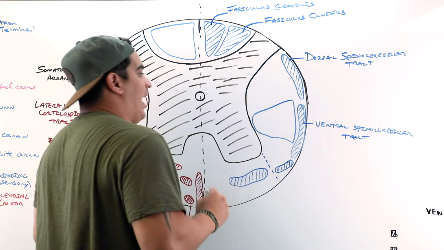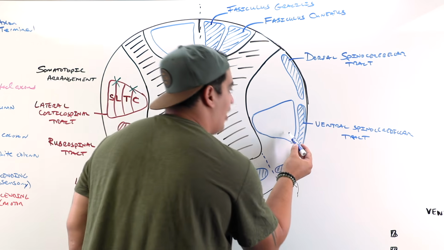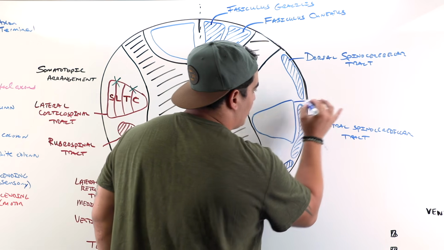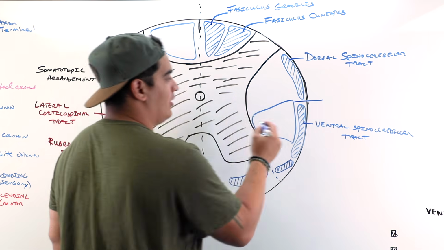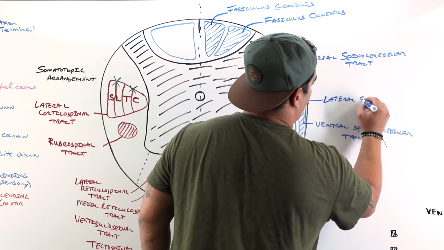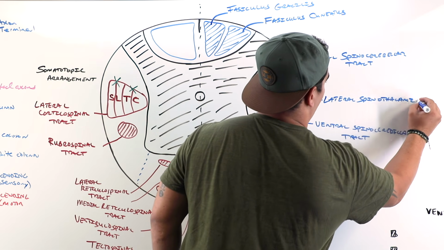Beautiful. Okay, now this tract here is actually a very, very important one. This tract right here is actually going to be the lateral spinothalamic tract. What is this one? The lateral spinothalamic tract. Beautiful.